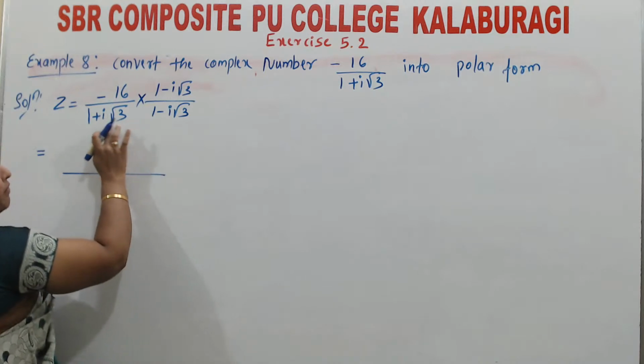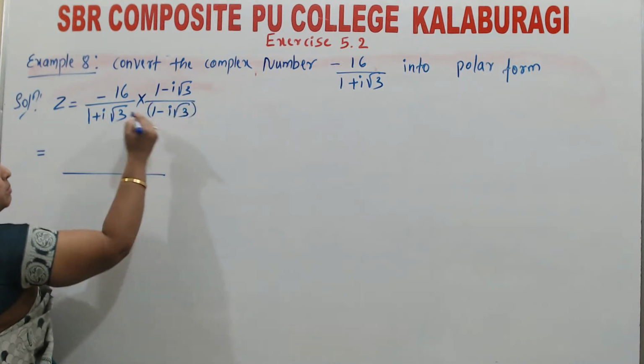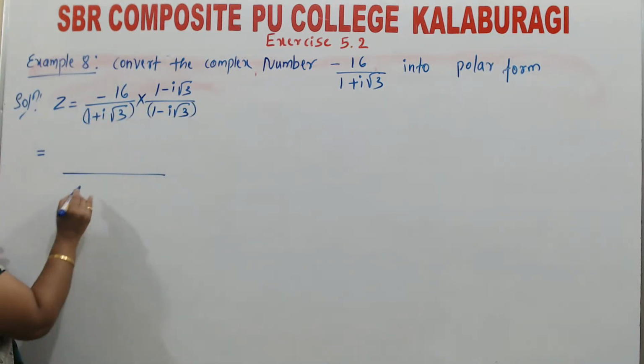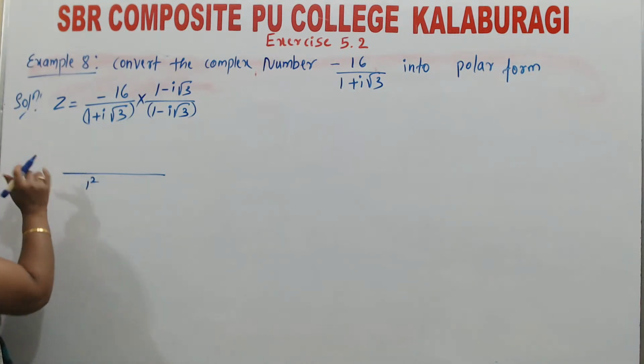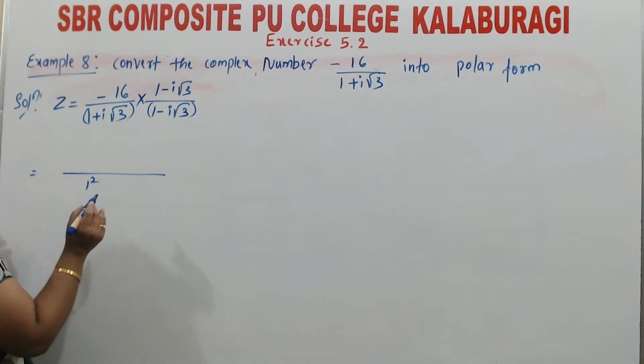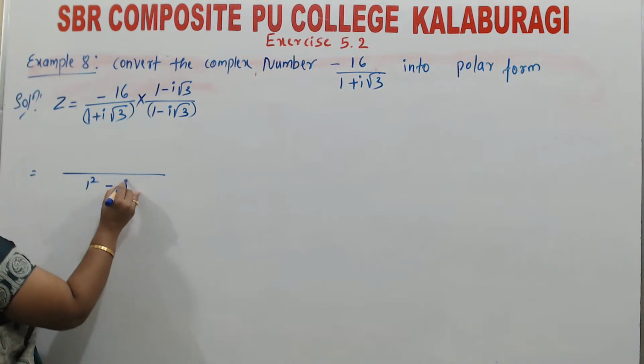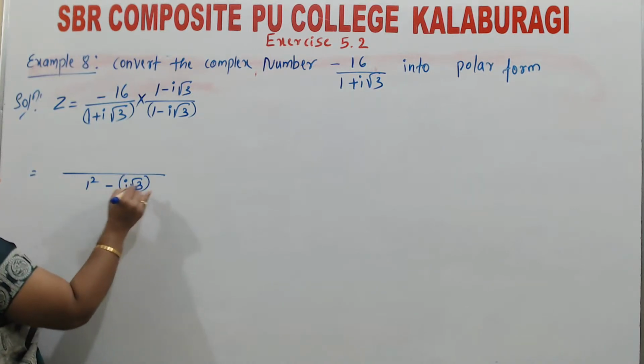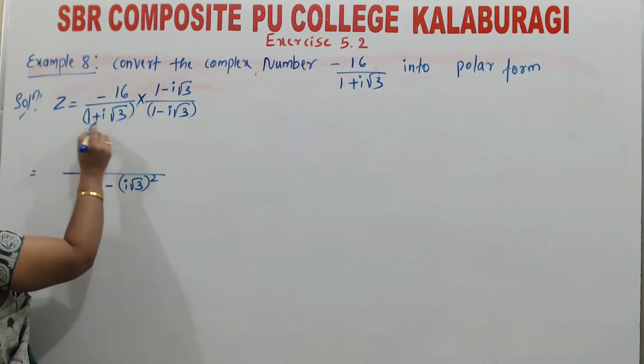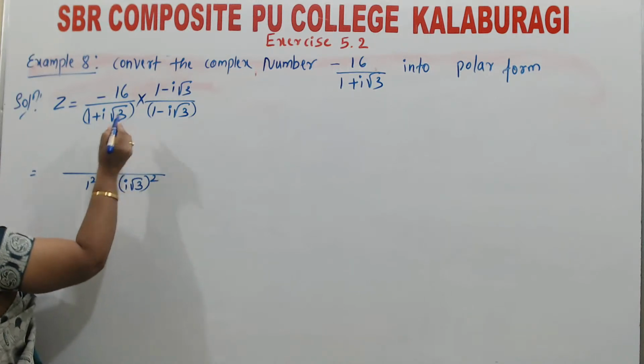The denominator is in the form (a plus b)(a minus b), which is equal to a square minus b square. In place of a we have 1, in place of b we have i root 3.